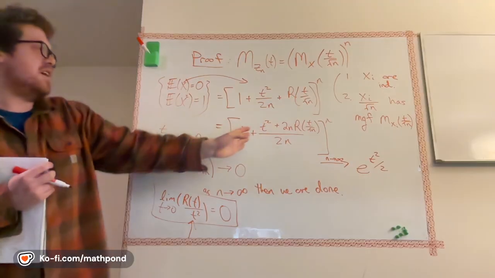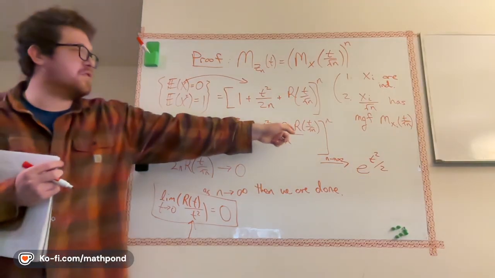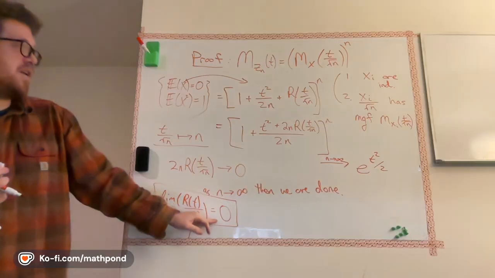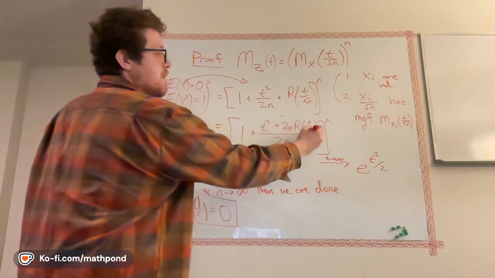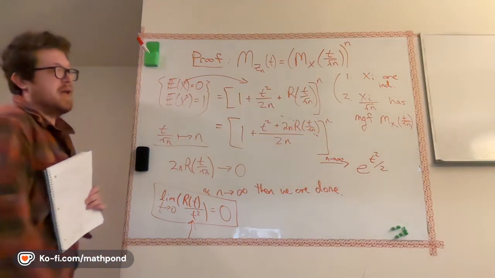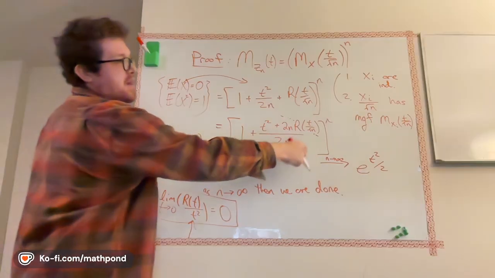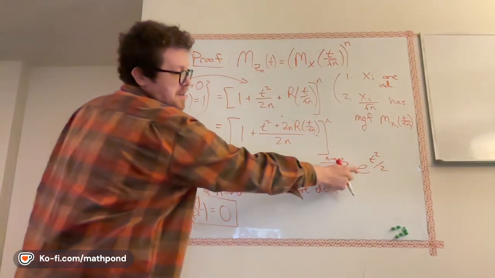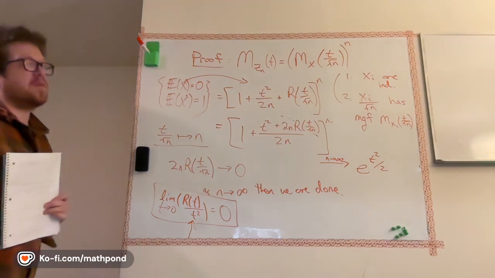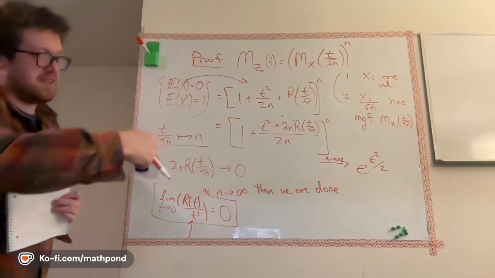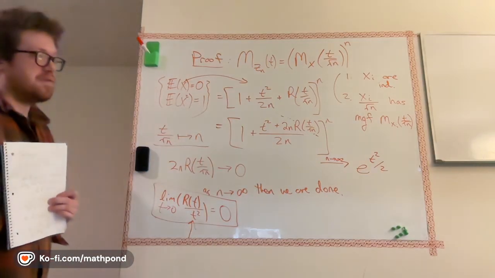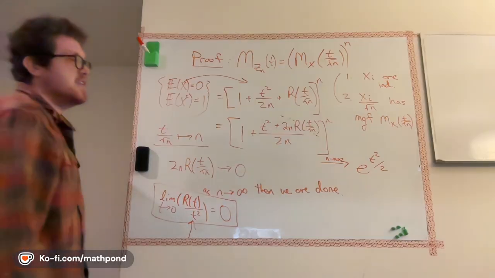It's a constant, and then if t is constant, you can show as n goes to infinity with this property, this term here dies in the limit, and you just get 1 plus t squared over 2n to the n, and as n goes to infinity, this gets closer and closer to e to the t squared over 2. In fact, the limit is e to the t squared over 2 for any t. Okay, so that's basically it, we're done.